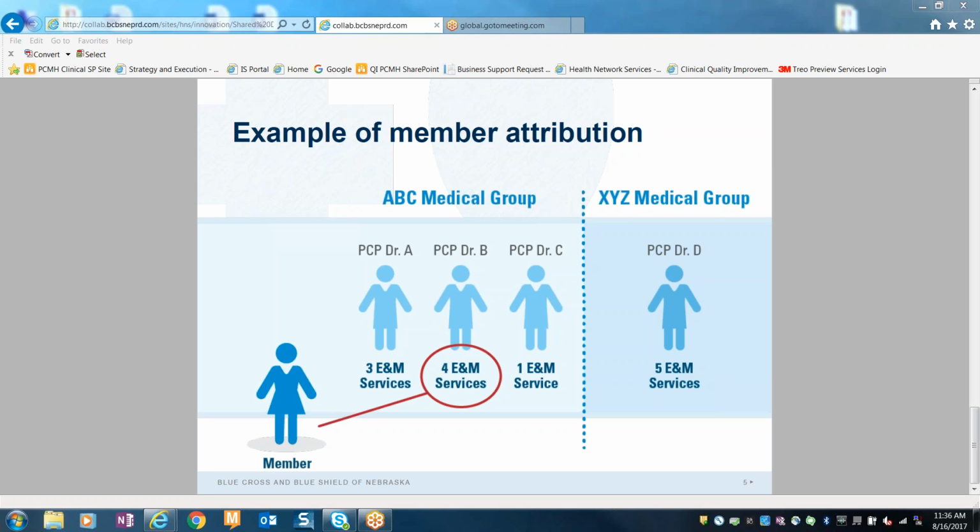You can see the PCP that they're attributed to, what their CRG is, what their spend has been, if it's above expected in certain areas, inpatient, outpatient, if there've been some potentially preventable events. So that all members report is a great tool to start with in terms of looking at your attributed population and helping to manage them, and also understanding maybe who needs to come into the office for a visit.